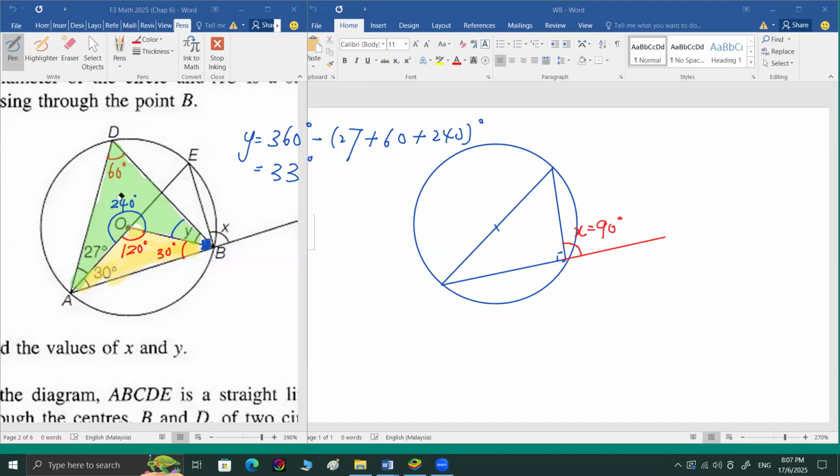Okay, so I delete a certain part to show you. Okay, look at this. Another method that you can do is, remember a butterfly? Can you see the butterfly here?